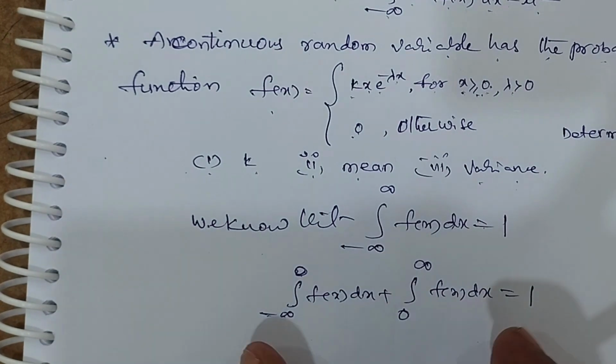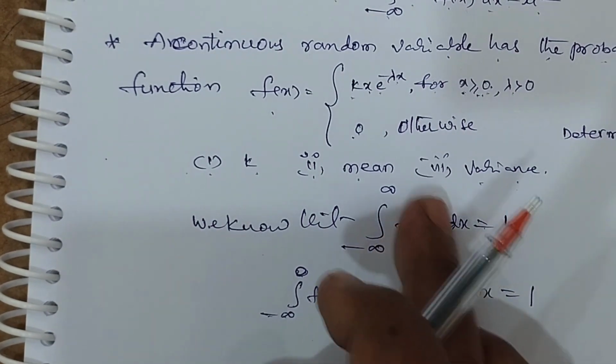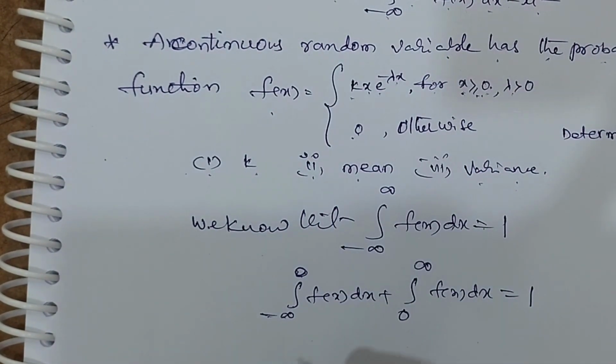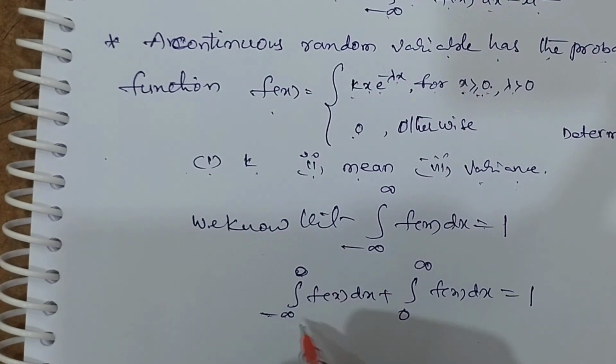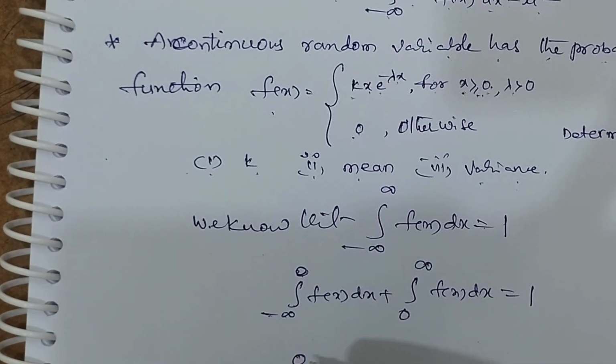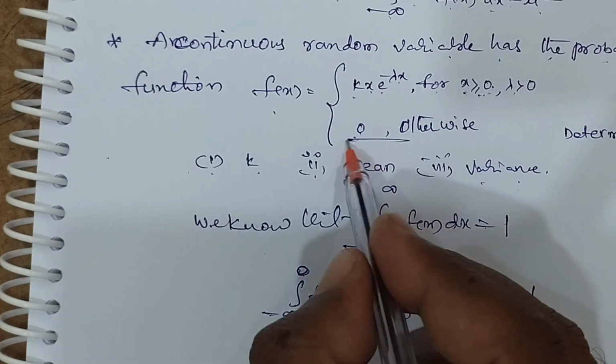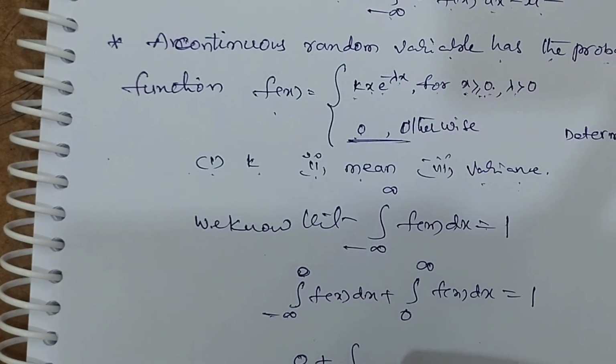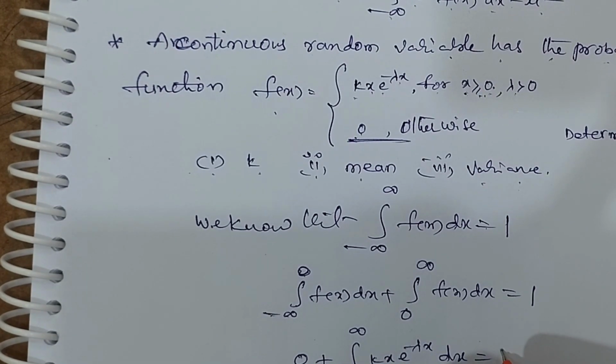So it is divided into two parts in the given limits. The first value is 0, plus the integral from 0 to infinity of k into x into e power minus lambda x dx is equal to 1.